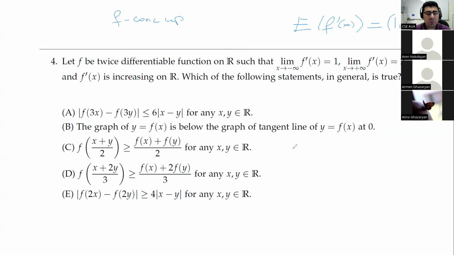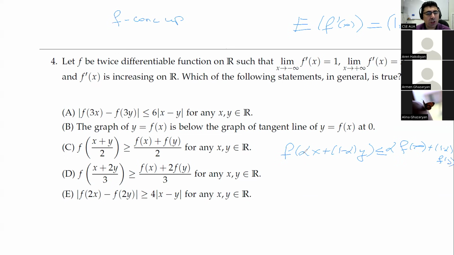Concave up, by definition: f of alpha x plus 1 minus alpha y is smaller or equal to alpha f of x plus 1 minus alpha f of y.